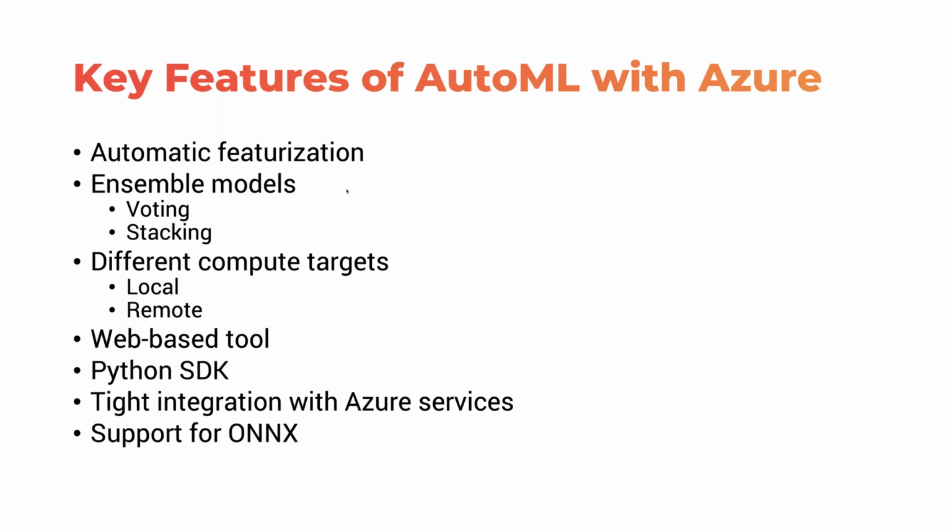Some of the key features, as I mentioned, is automatic featurization. So feature engineering is a very, very important aspect of training machine learning models. How do you enable encoding of your features, and how do you basically transform these features for better accuracy? So it's a very involved and very sophisticated technique.